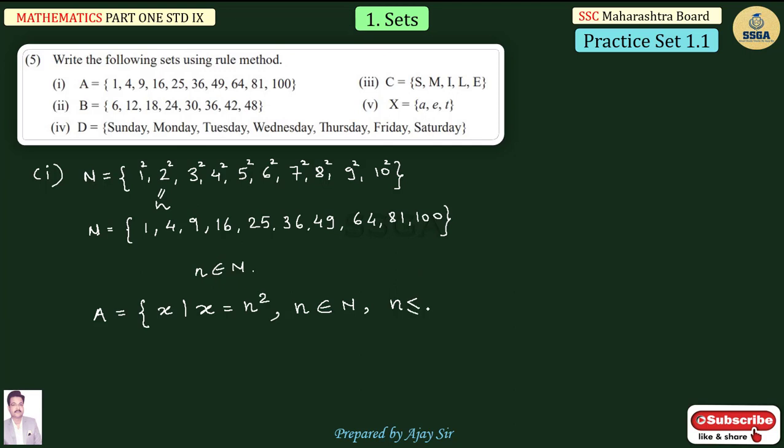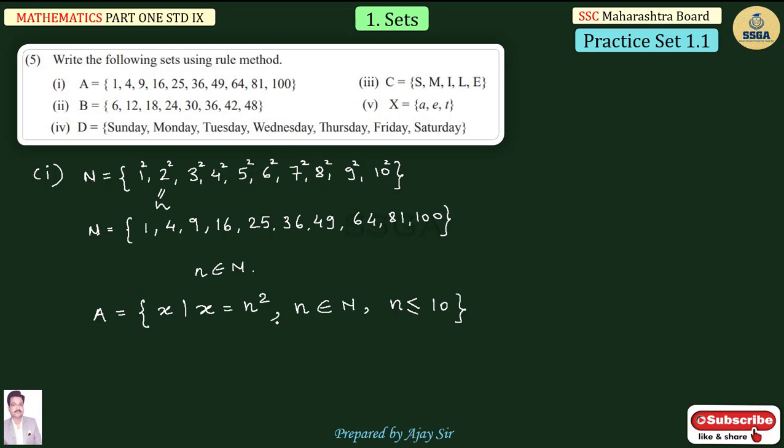This is less than or equal to 10, or we can write natural number strictly less than 11. So means all natural numbers will come starting from 1 to 10. So this is called as in the form of rule method.